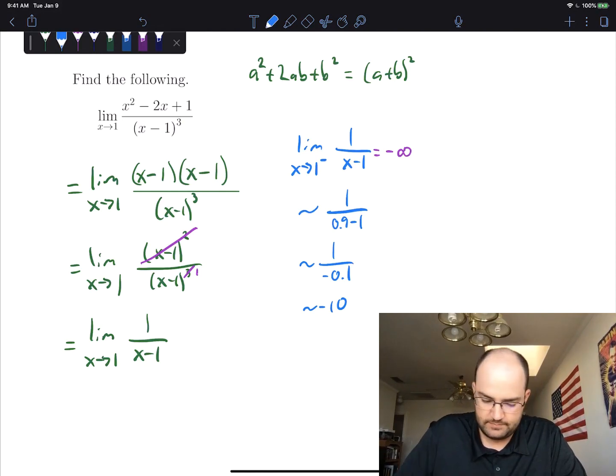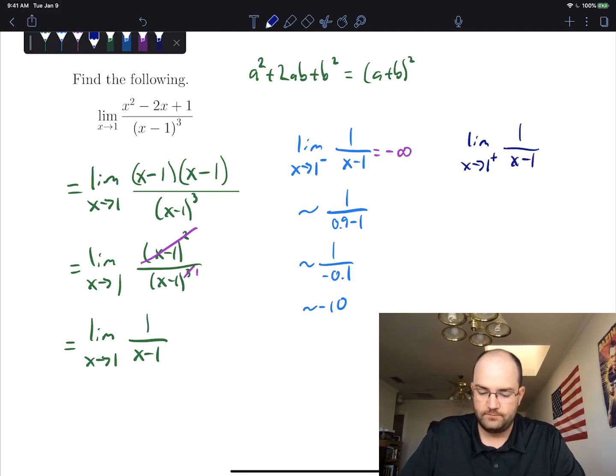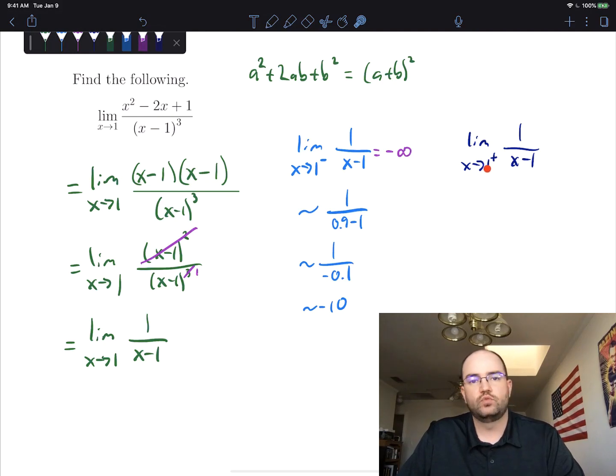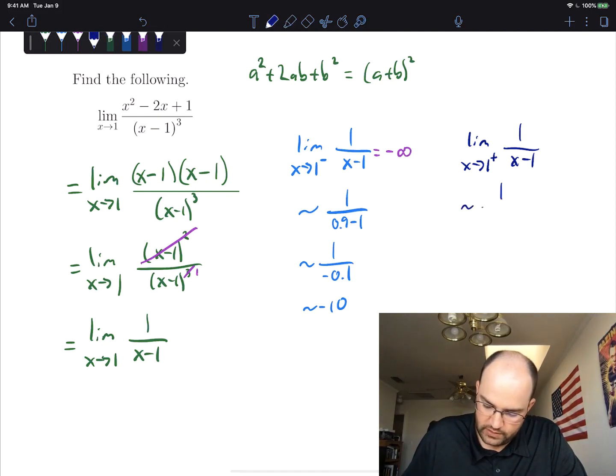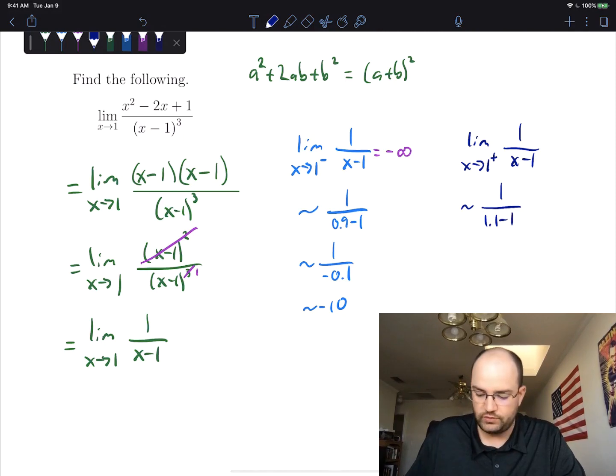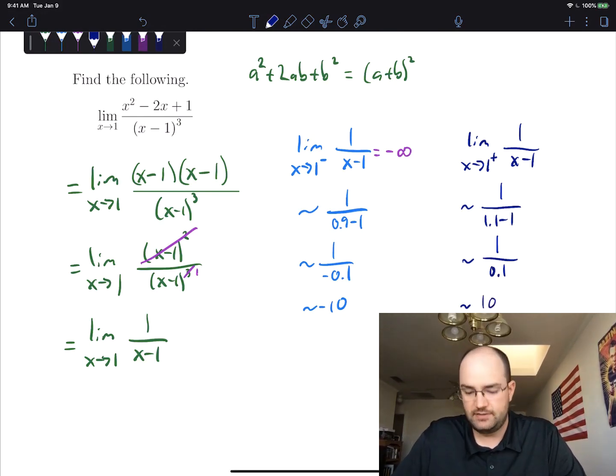Let's do this again. Let's look at this as the limit as x approaches 1 from the right-hand side of 1 over x minus 1. Well, we want to have it to the right of 1, so it needs to be larger than 1, making that, let's say, 1.1. So that's going to be similar to 1 over 1.1 minus 1, which gives us 1 over positive 0.1, which is going to be around 10.